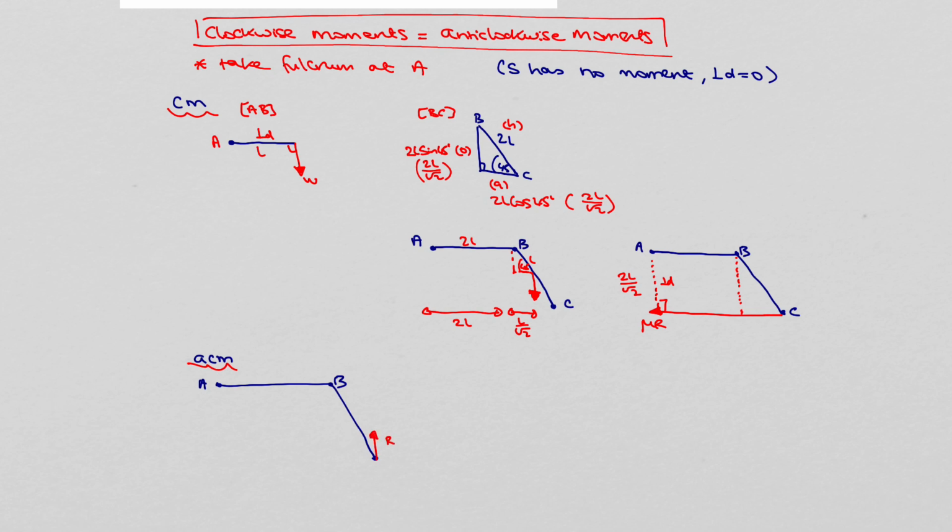So therefore my perpendicular distance for R to the line of action for A is going to be all the way across. So that's going to be our 2L and our 2L over root 2.